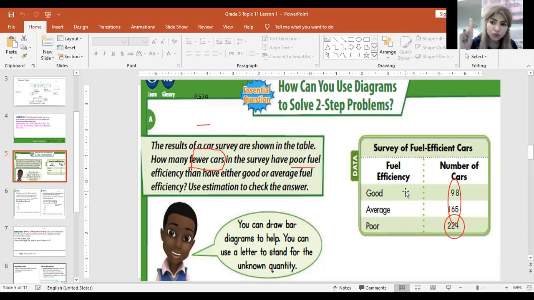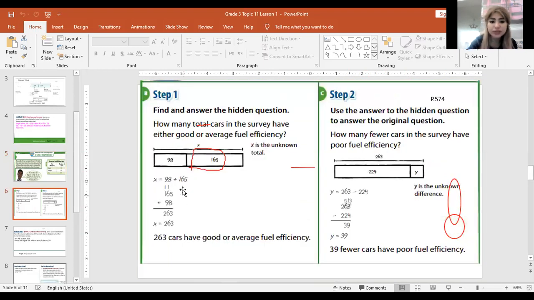That's why I added good and average, and the result I subtracted from the poor cars. So let's go and see. 98 plus 165. We added 5 plus 8, 13, 3 and take up 1. 6 plus 9 plus 1, 16, 6 and 1 up.